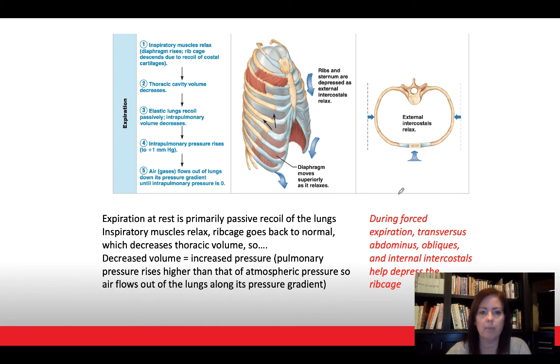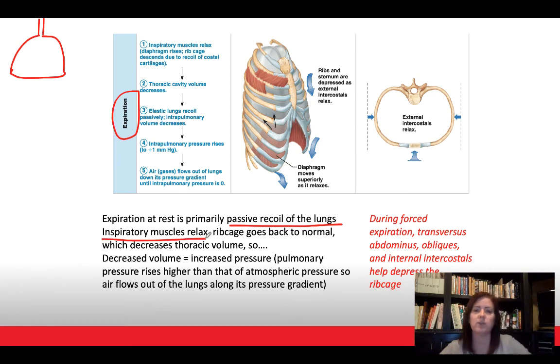What happens when we expire? So what happens during expiration? Let's draw. Here's our starting picture, and we're starting with our diaphragm flattened out because that's where we left it when we inspired. When we expire, we have passive recoil of the lungs and our inspiratory muscles relax.